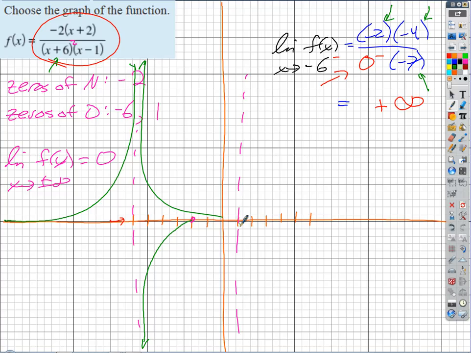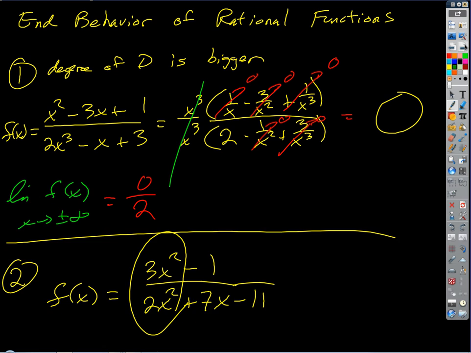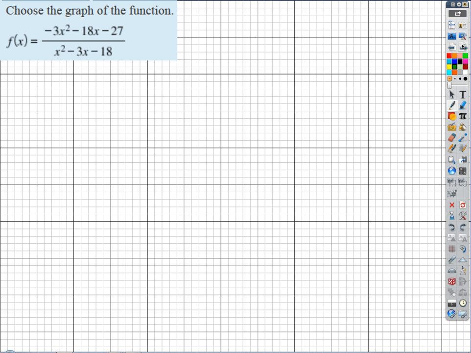Okay, so we could finish this one up just by doing the same process. How about this one? What's the only difference with this guy? What are we going to do to this one? We'll just talk about what our strategy would be. We're going to factor it out, top and bottom, find zeros at the top, zeros at the bottom. So in that aspect, it's the same as the one we just did. What about the horizontal asymptote this time?